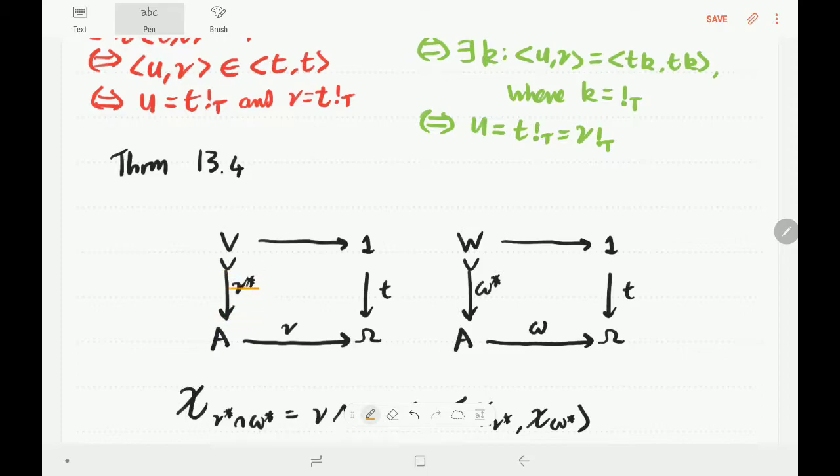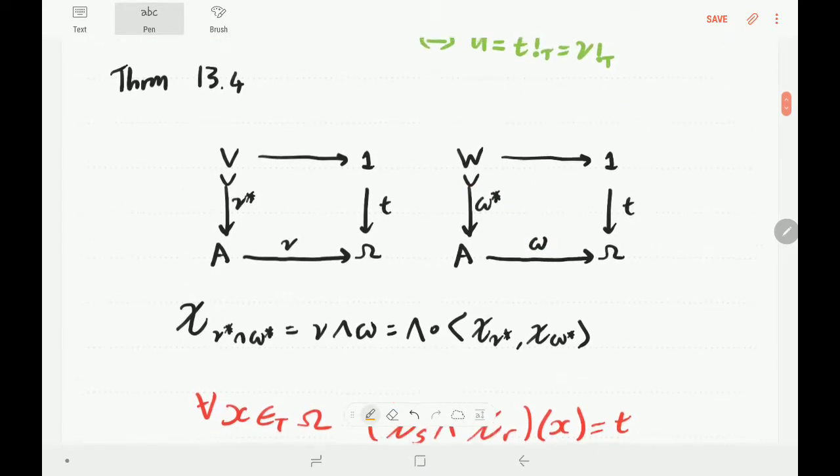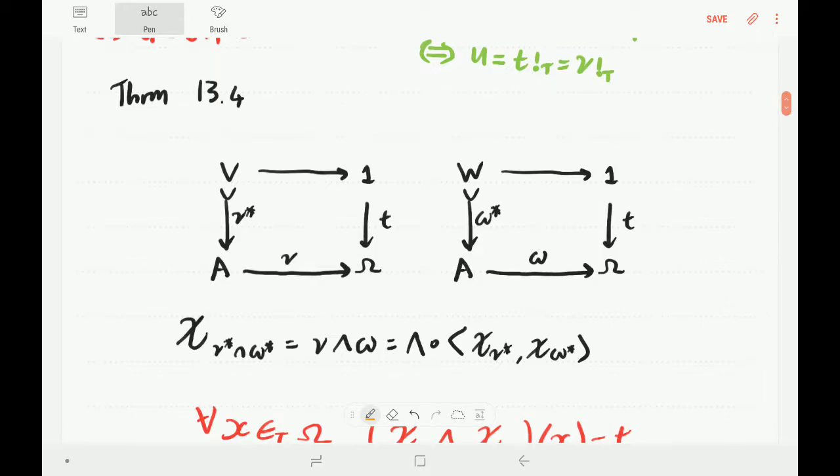So v star is the subobject that v classifies, and similarly with w. Now the big claim is that the classifying arrow of the intersection v star intersection w star is v and w.